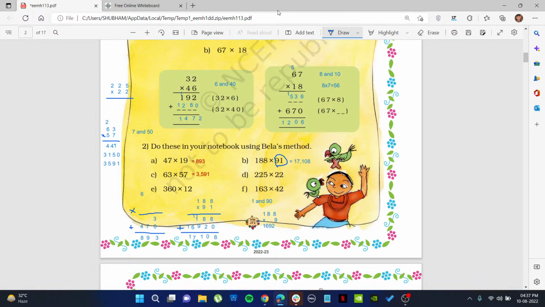So here also we need to break 22 into two parts, and if we do so, we get 2 and 20. So first we need to multiply 225 with this 2, or we can say we need to double 225, and if we double 225, we get 450. So let's write down 450 here.